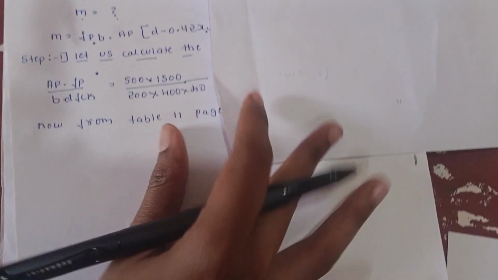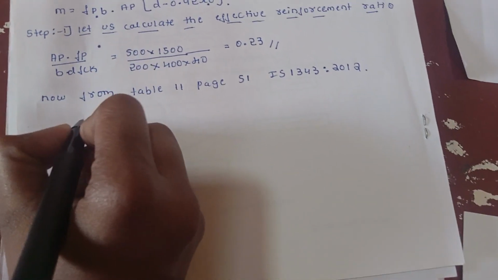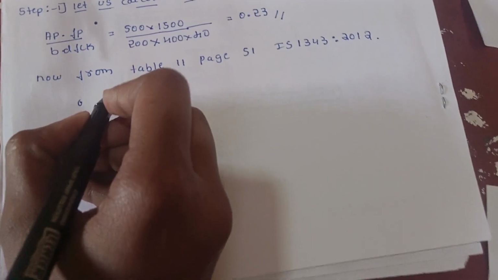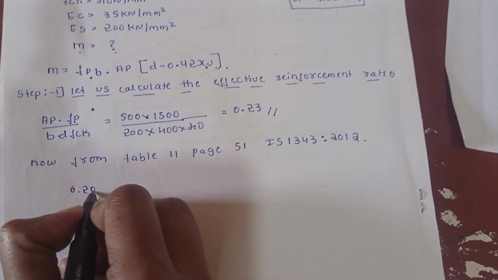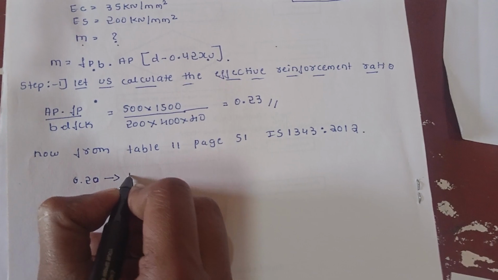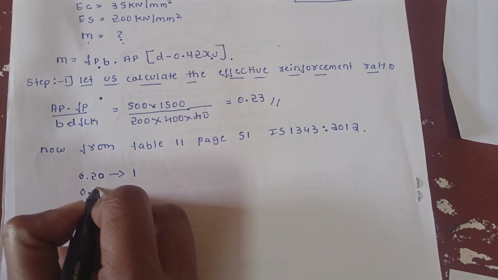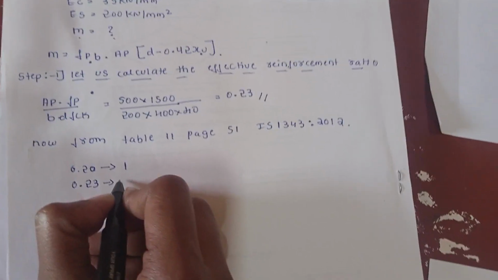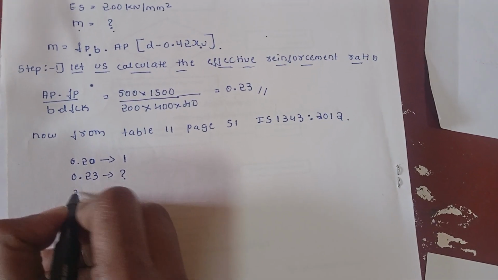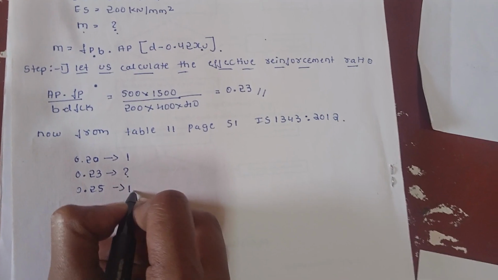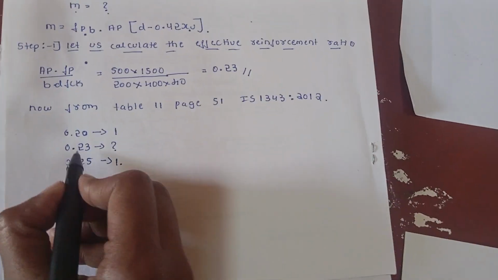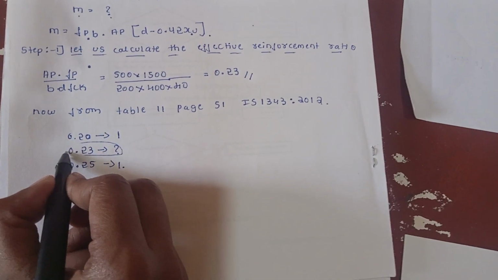Therefore 0.20 corresponding value is 1, 0.23 value we don't know, and 0.25 value is 1. With the help of interpolation we find the 0.23 corresponding value.